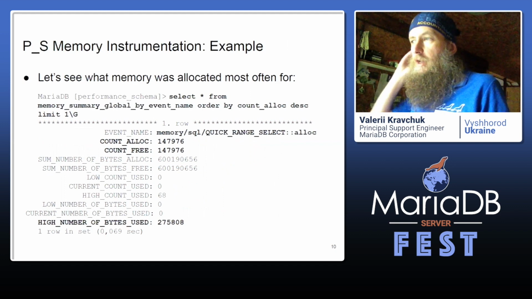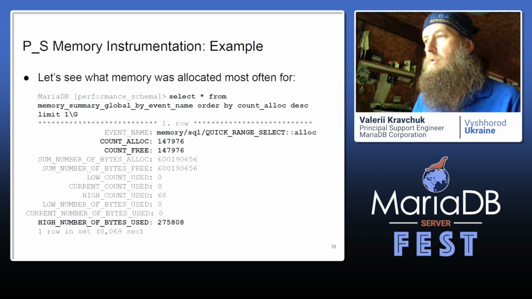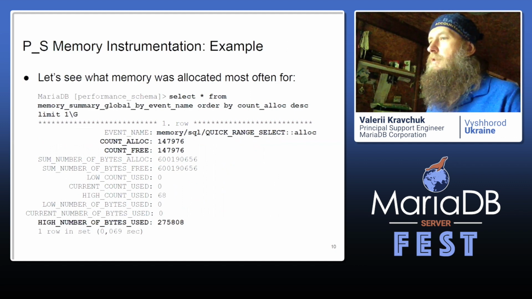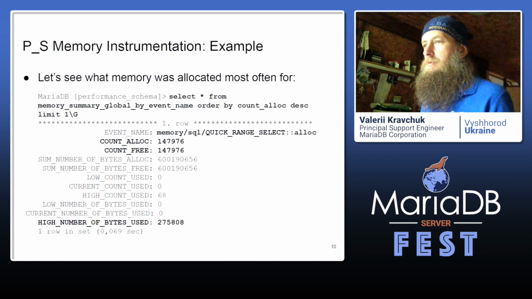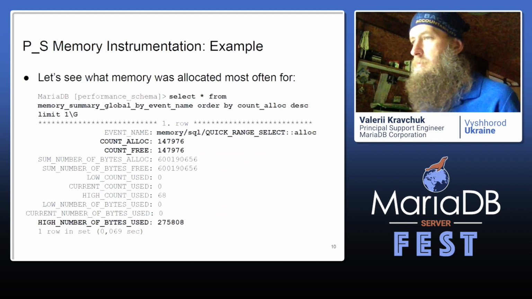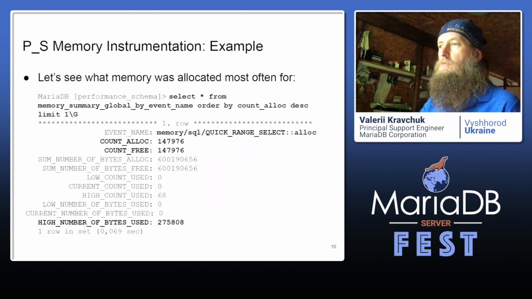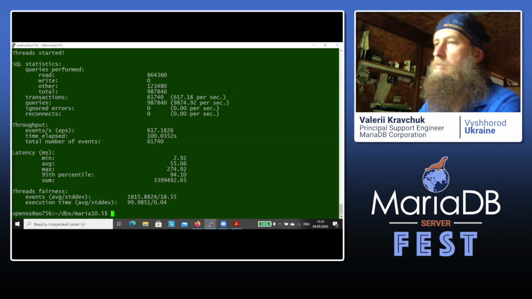We can easily check memory allocations. It's a typical query, for example, to find out which memory event, which kind of memory, was allocated most often. So top with limit 1, we have a top memory allocator. Where did I get this information from? Actually, it's a test that we should probably check.